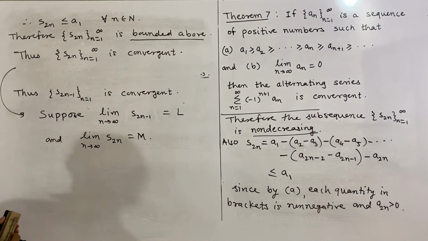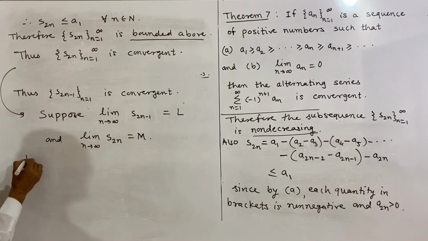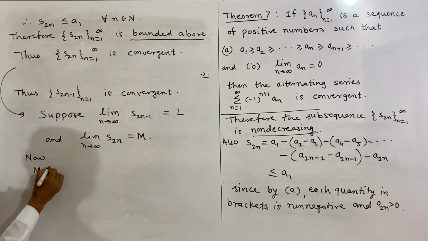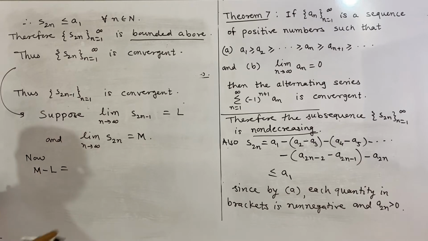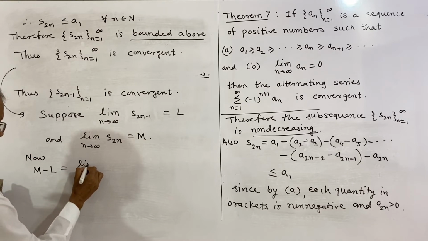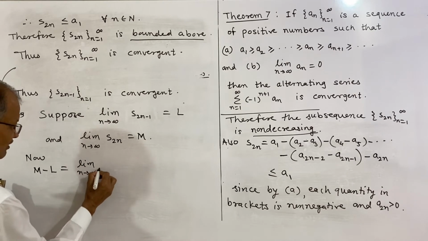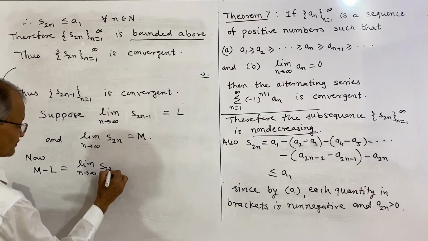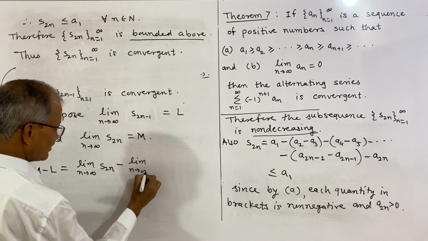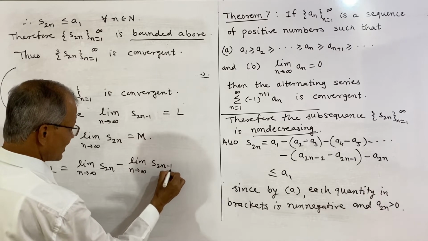And now we will have M minus L is equal to, what is M? It is limit as n tends to infinity of s2n minus limit as n tends to infinity of s2n minus 1.